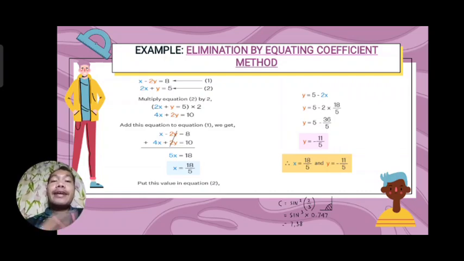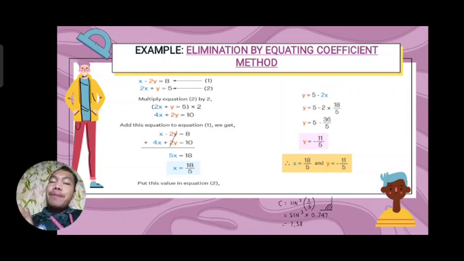And then divide both sides by 5. What remains is x, so x is equal to 18 over 5. Now we already have the value of our x. So now let's proceed to step 3.